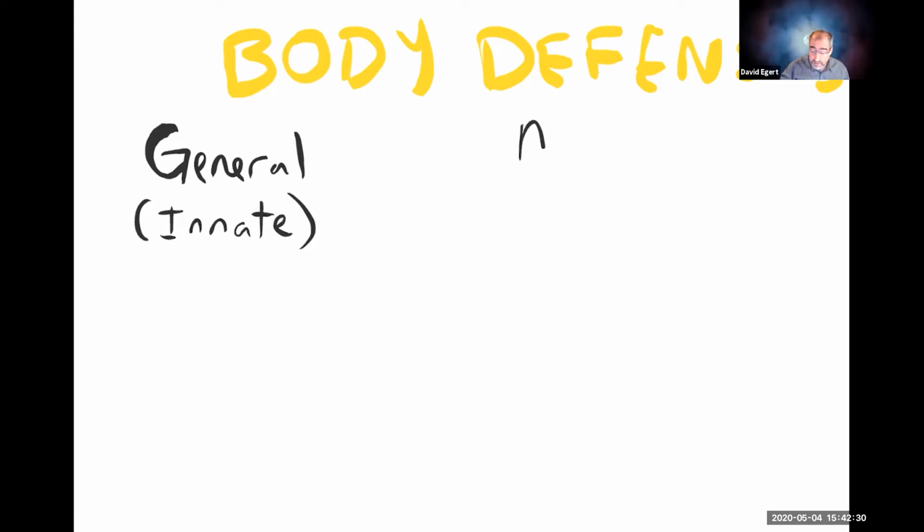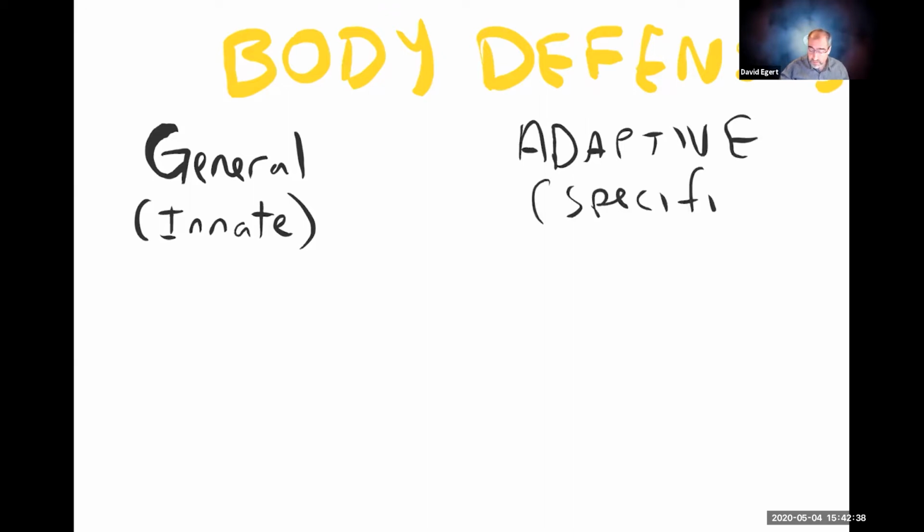The other side is the adaptive, or specific defenses. And these are antigen specific. These are the ones that are going to be looking for and targeting very specifically shaped things.